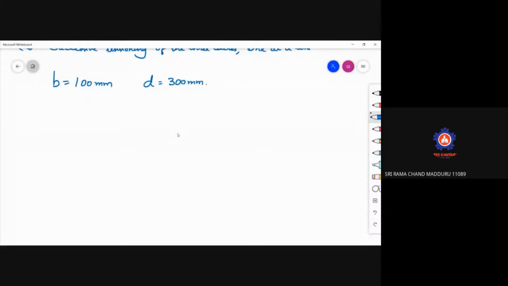So B is given, D is given. You can see that the cross-section area of each cable is given. So we will note down the cross-sectional area of each cable is equal to 50 mm square.